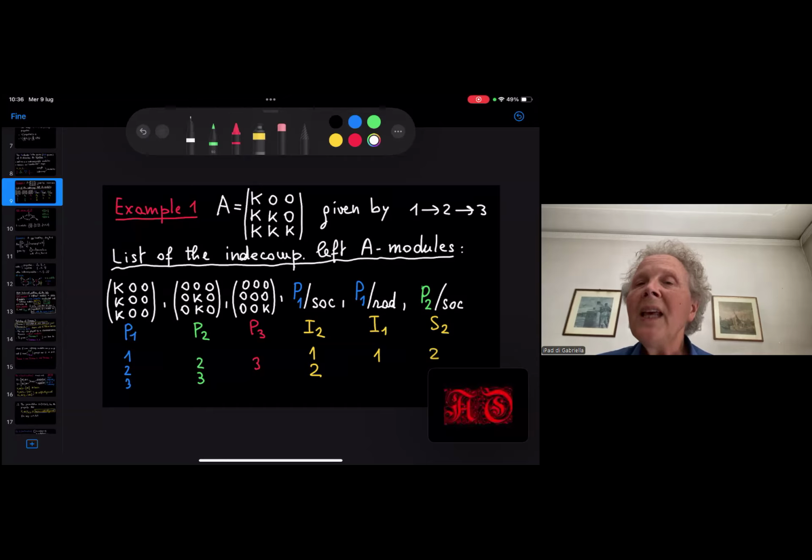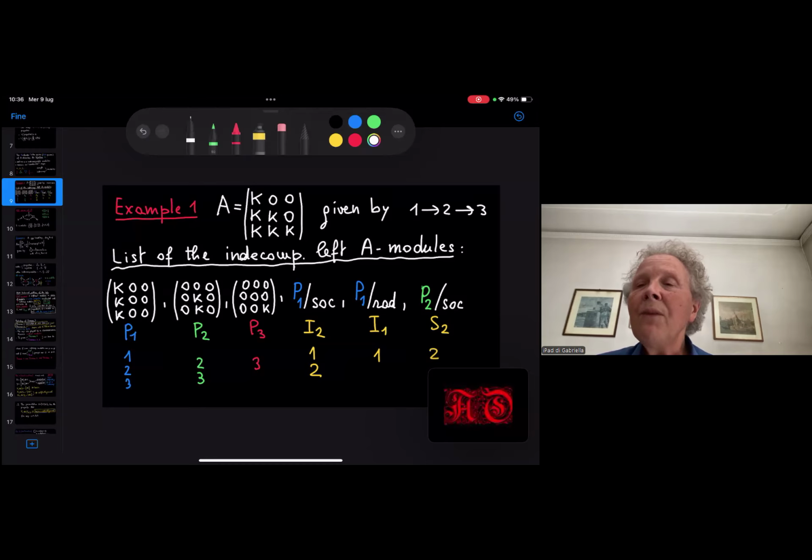This algebra A has finite representation type, so the list of indecomposable left modules is finite, and we have exactly 6 indecomposable modules. The first 3 written here, the blue, the green, and the red, are the indecomposable projective modules of the algebra A.